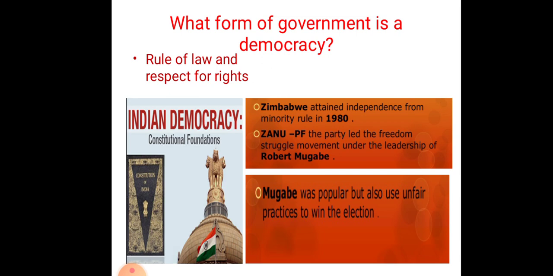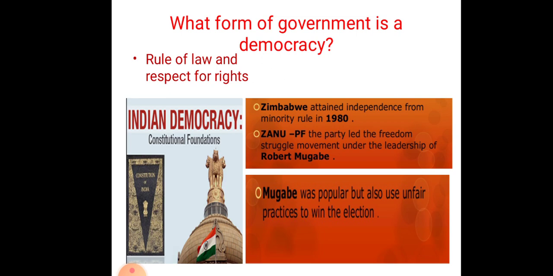Until now, the only victorious party was Robert Mugabe's party. But the media have been restricted severely. The televisions are pressurized not to telecast any negative implications about the ruling party. How can we say that this government is a genuine government?